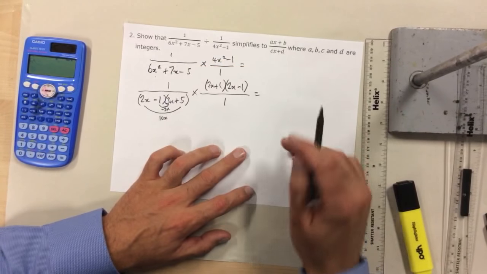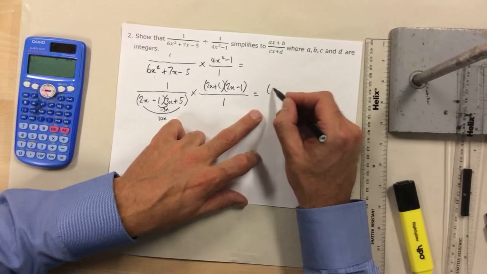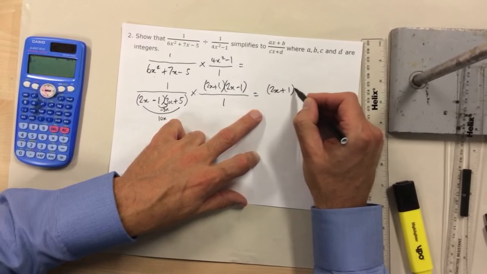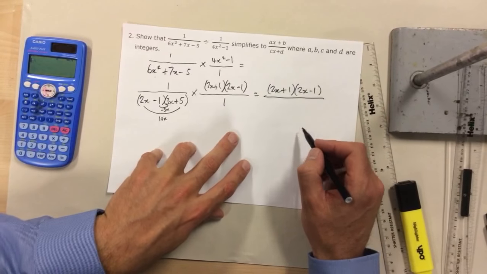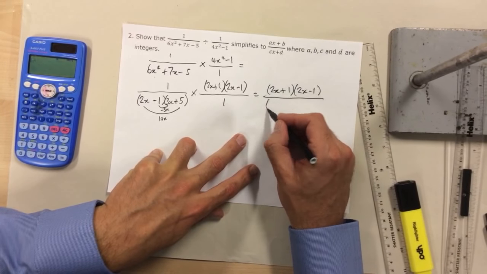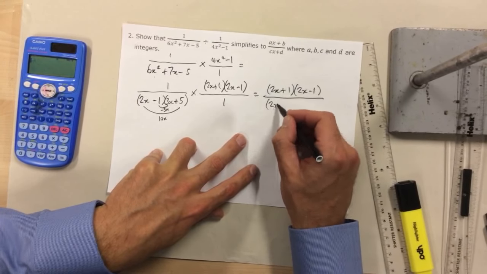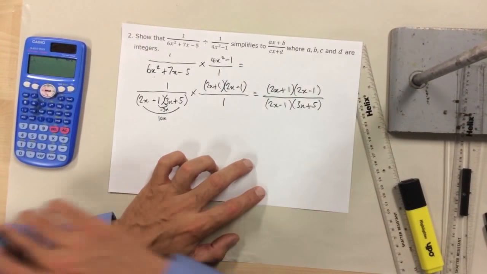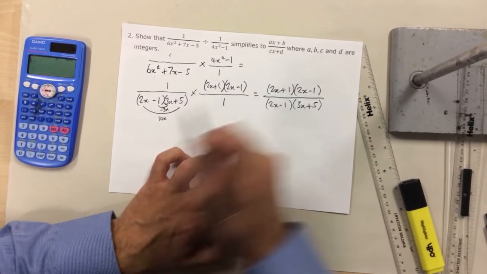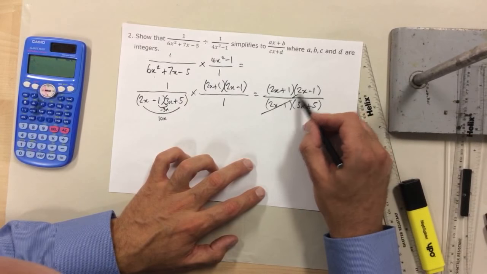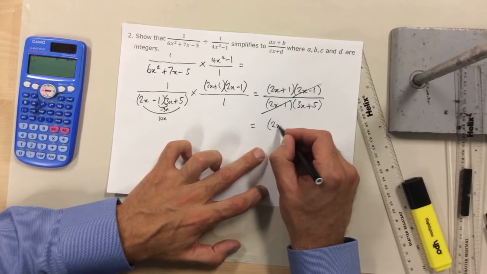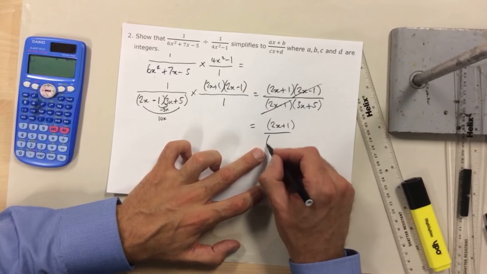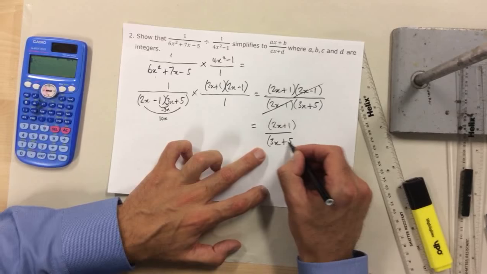Okay, multiplying fractions. We multiply the two numerators together, so that's going to stay as 2x plus 1, 2x minus 1. And on the denominator, this is going to stay as 2x minus 1, 3x plus 5. All I look for now is where I've got complete factors that match. So I can cancel top and bottom by 2x minus 1, and we're just left with 2x plus 1 over 3x plus 5.